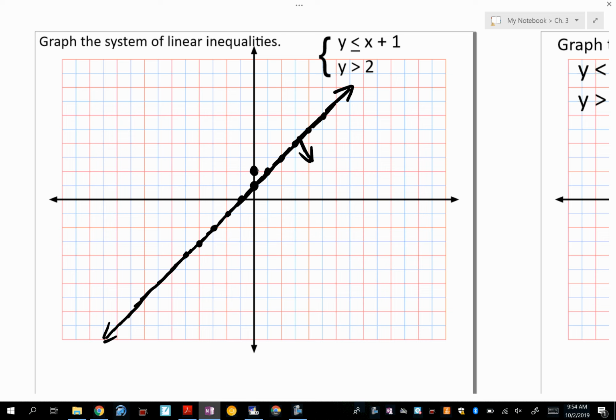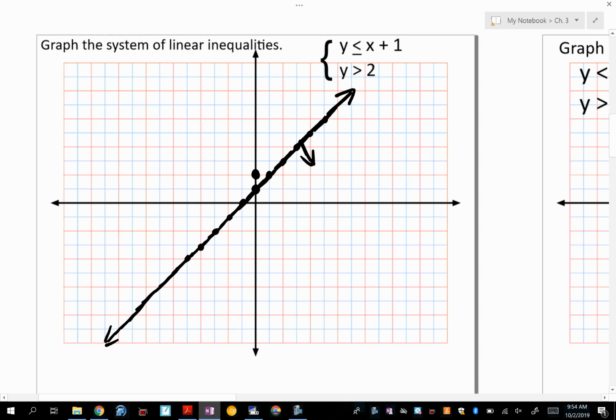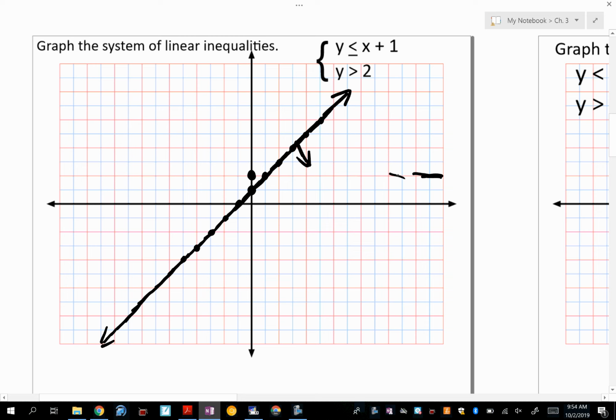Now be careful. It needs to be a dotted horizontal line. With your ruler, make a dotted horizontal line. Correct. Whenever it's y and a number, it's always going to be a horizontal line. Mine was dotted or dashed, yes.